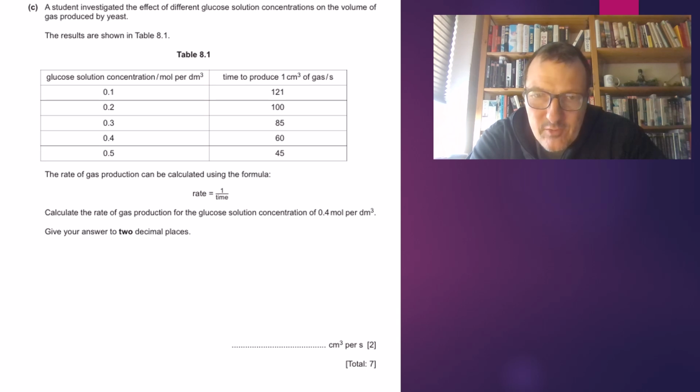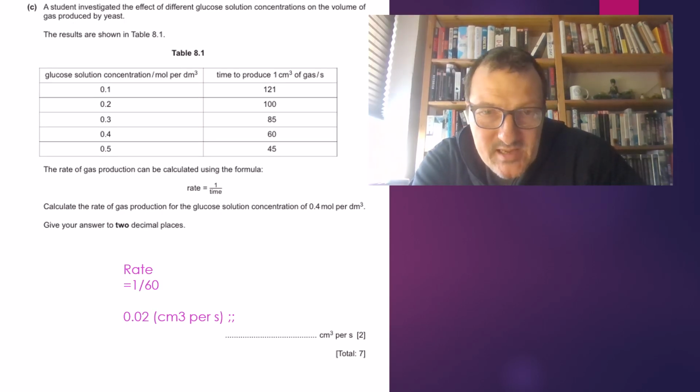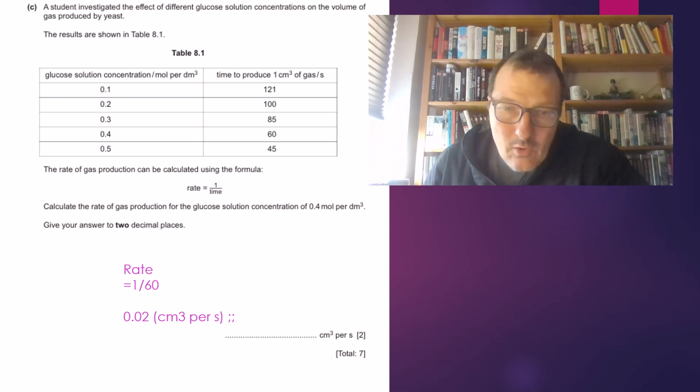So see if you can calculate it and come up with an answer to 2 decimals. So our rate is set as 1 divided by time, so it's 1 divided by 60. And if you work that out, the 2 decimals gives us 0.02, and then of course they already stated the unit.